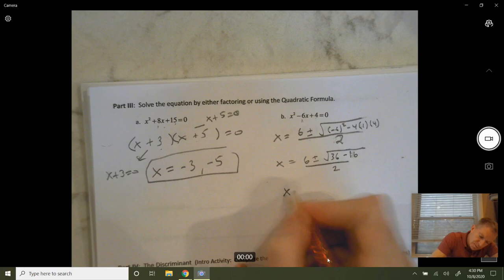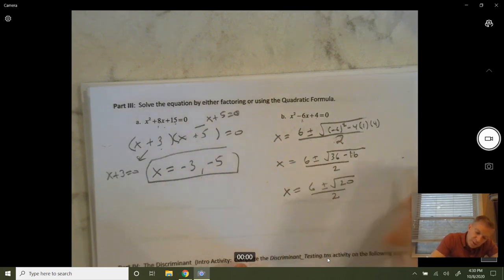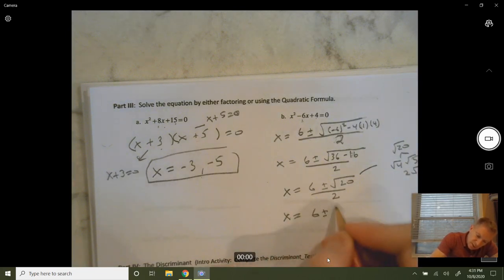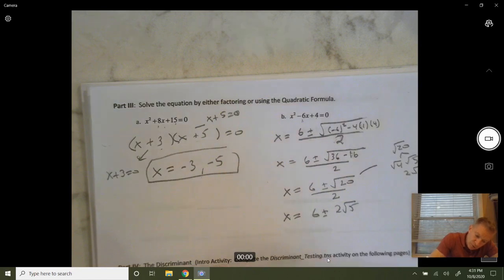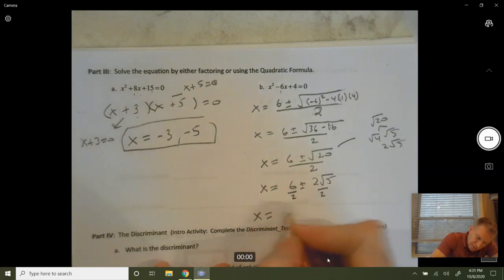So x equals 6 plus or minus square root of 20 over 2. Square root of 20, let's simplify that. Square root of 20 breaks down to square root of 4 times square root of 5, so 2 rad 5. So we've got x equals 6 plus or minus 2 rad 5 all over 2. So we can divide these individually by 2 and simplify. x equals 3 plus or minus rad 5.